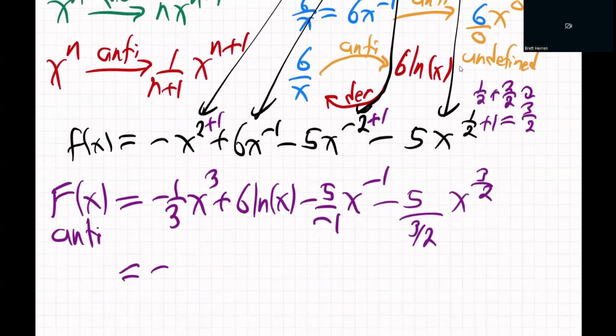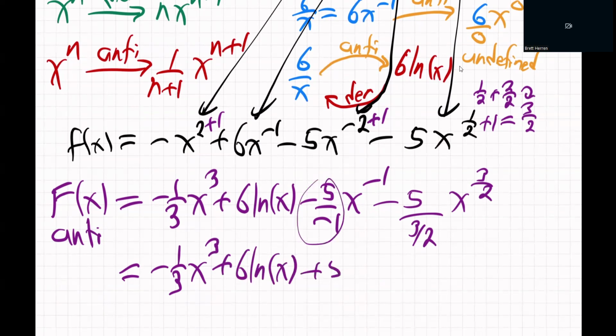So that means this is going to be minus 1/3 x to the third plus 6 natural log x. These two negatives will cancel, plus 5x to the minus 1. Now this 3 halves will flip up and become 2/3. Because remember, dividing is upside down multiplying. So it'll be times 2 over 3.